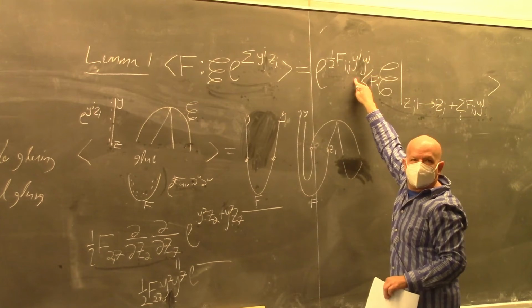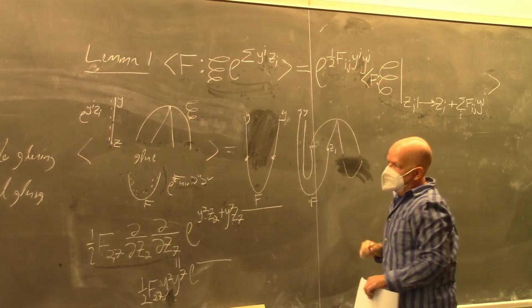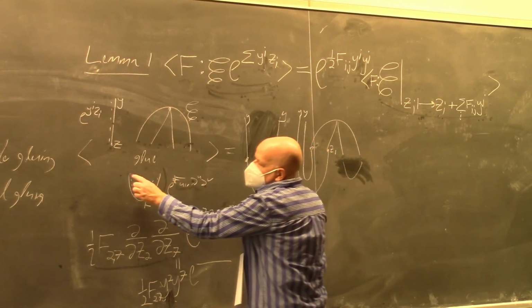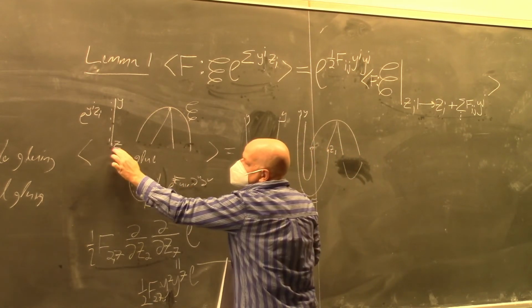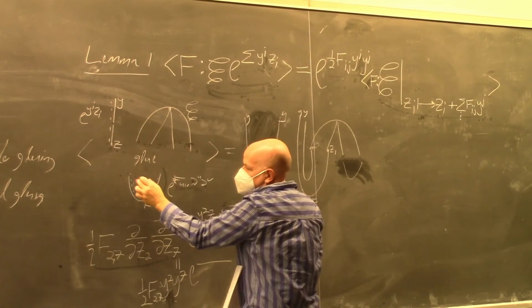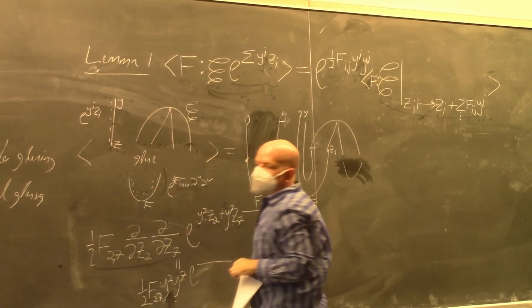So you get this. Okay. Now this is only from the contributions where the f acts on the z's, on the struts, on the linear terms, where both sides of f act on the linear term.